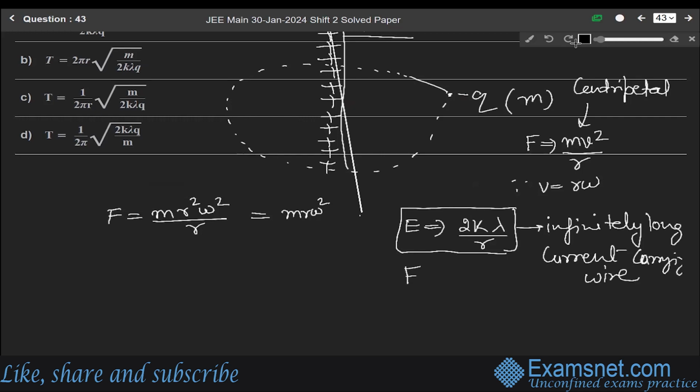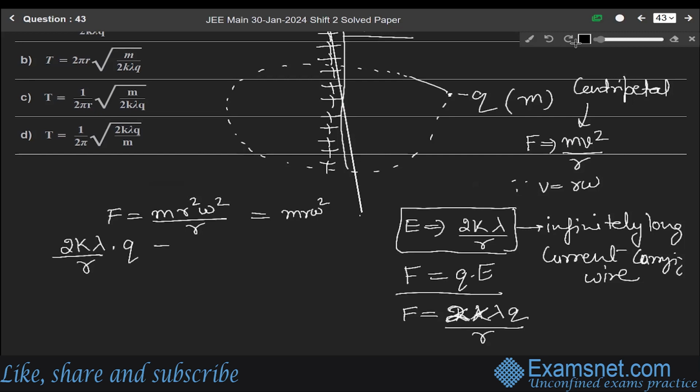Since force is equal to Q into E, charge into electric field, the force will be 2k lambda over R into Q. It will be equal to m R square omega square over R, which means m R omega square.